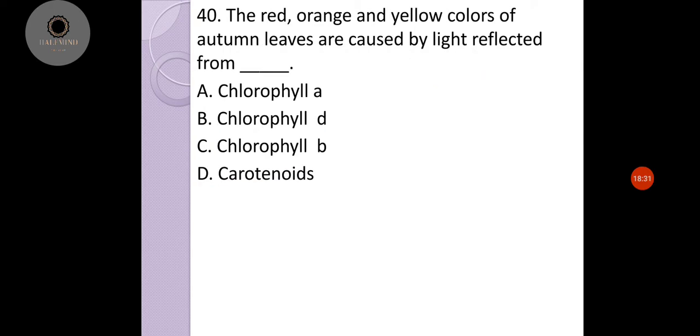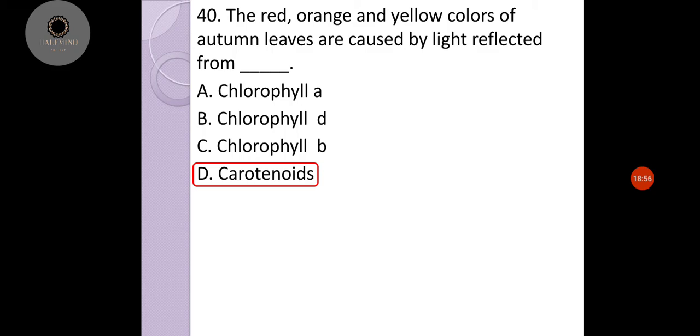40. The red, orange, and yellow colors of autumn leaves are caused by light reflected from blank. A. Chlorophyll A, B. Chlorophyll D, C. Chlorophyll B, D. Carotenoids. Now, our answer here is letter D, carotenoids. That is why there is a vegetable called carrots.